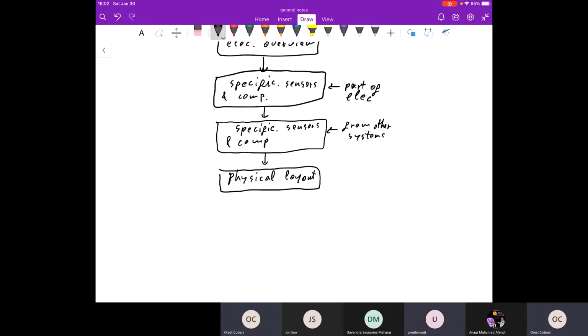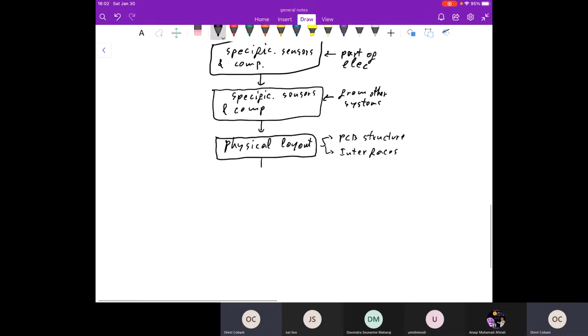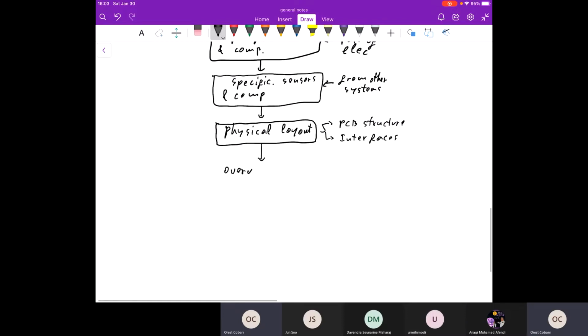This includes PCB structure and how the PCBs are divided, PCB structure components, and your wiring diagrams, all of that, interfaces. I guess this makes sense because we're telling them how it is connected to the software part, right? Yeah. And then we move into the overview of software.